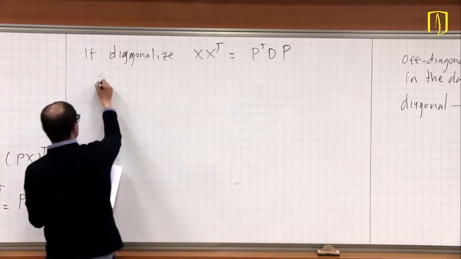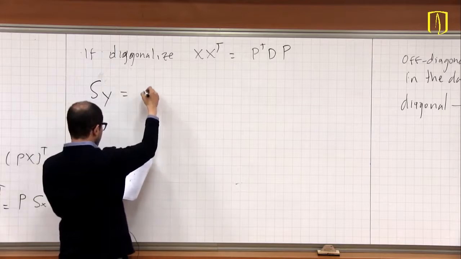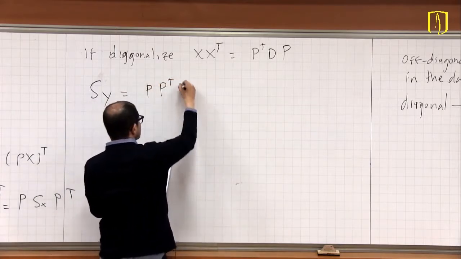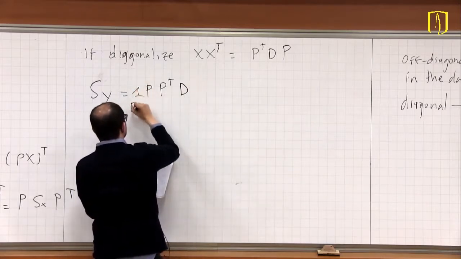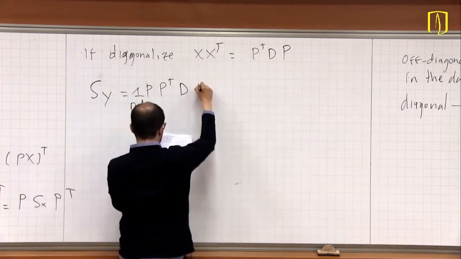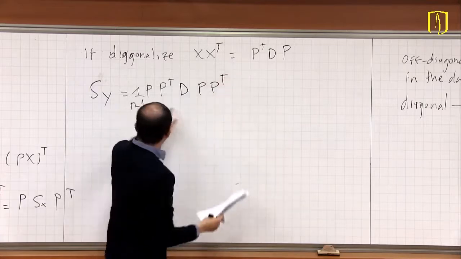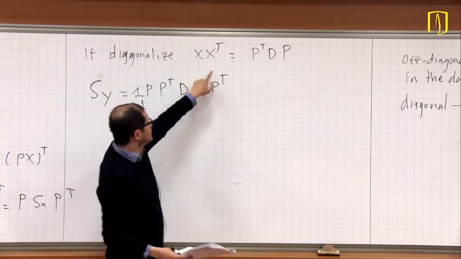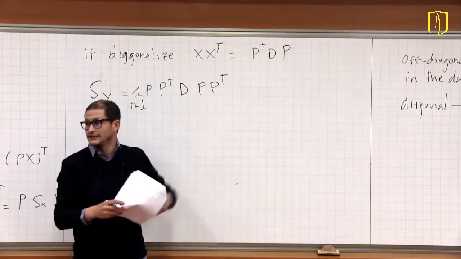So we can write Y as P times P transpose D, so 1 over n minus 1 D P transpose. Since this matrix is symmetric, this P times P transpose is the identity.